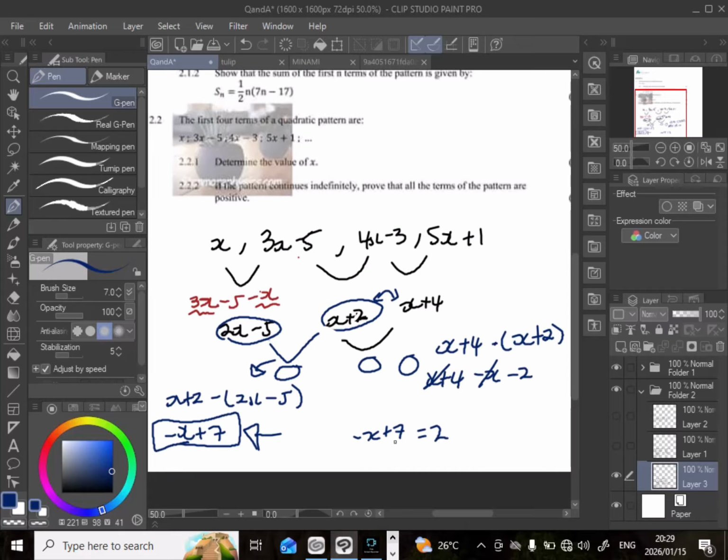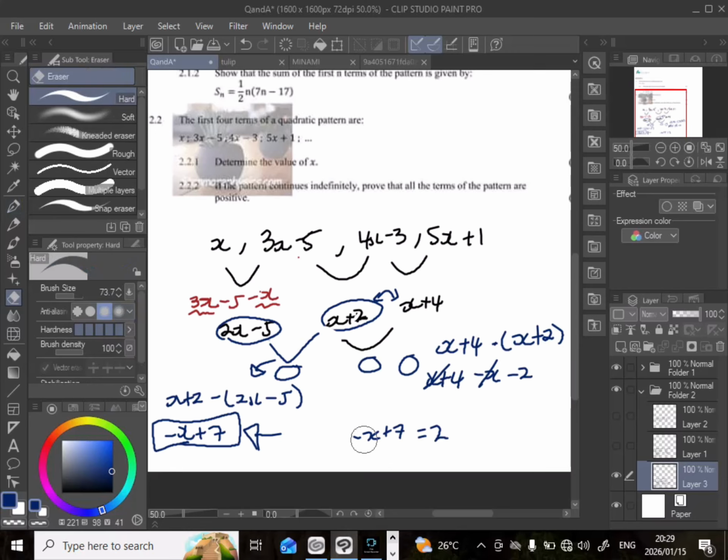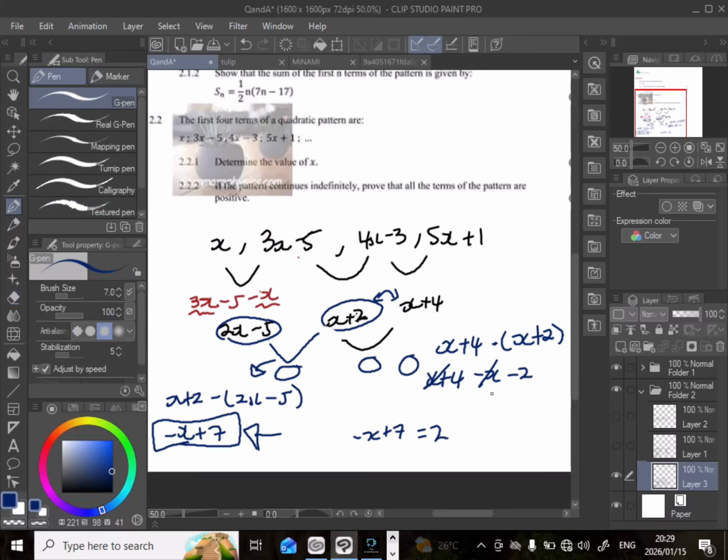Then we solve for x, and after solving for x we'll be done with the question. So this goes to the other side, it will be negative x equals negative 5, because it's 2 minus 7. For x to be positive, we divide this by negative 1 and also this by negative 1. Then we find x is equal to 5.